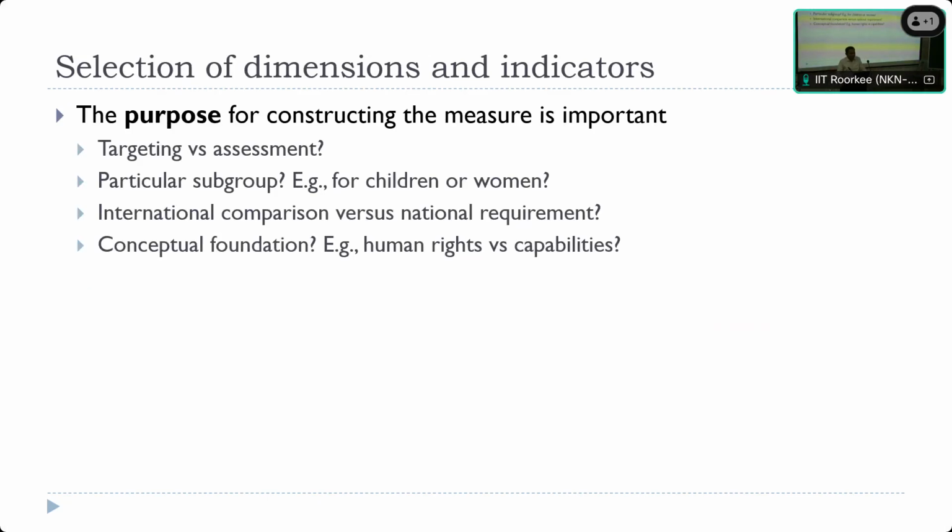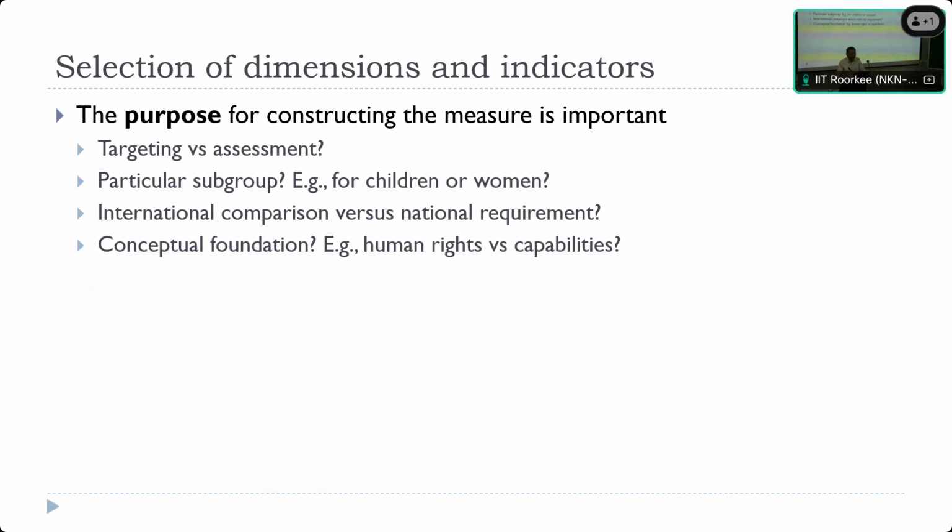Another important thing is targeting versus assessment. Why are they important? If you are targeting somebody or a group of people, and you select certain indicators, you ought to be careful that people cannot pick and choose and change their status to gain benefits for those indicators.